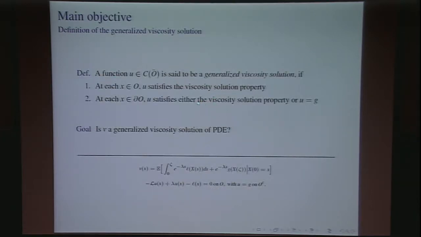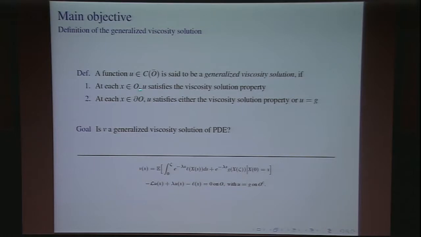Generalized viscosity solution, I first got involved with that from the User's Guide on viscosity solutions, and at that time I couldn't understand it, and later gradually I understood what it means, but this is really simple.